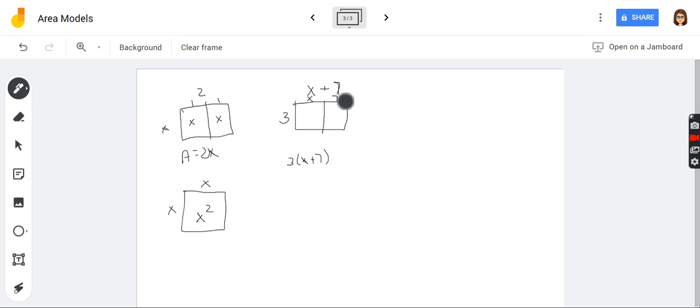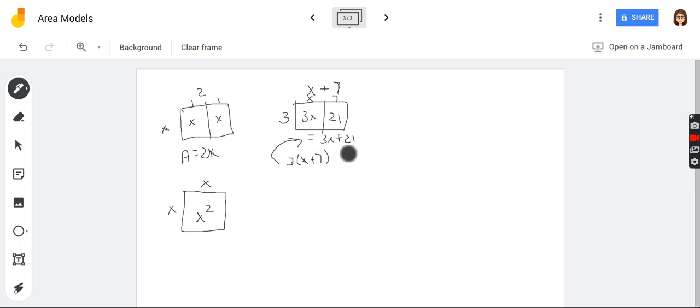All right, so that whole length is x plus 7. And let's calculate the areas of the individuals. So this is a 3 times x, so that's 3x. And this one here is a 3 times 7, so it's 21. When you add it all up, you get 3x plus 21.